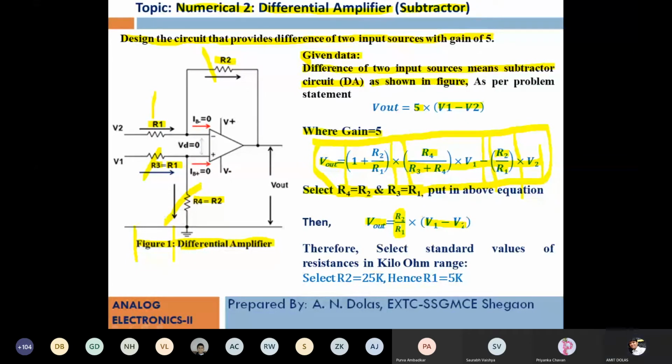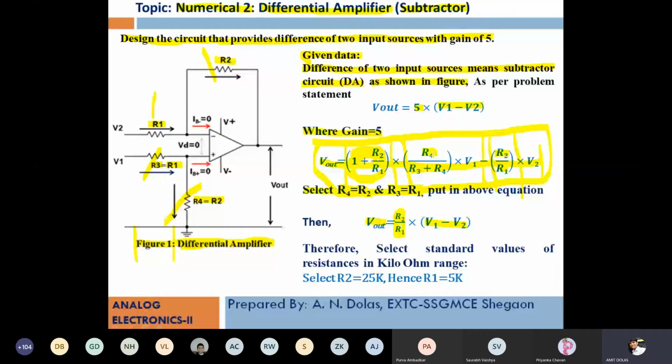Because what comes, if you do this mathematics, whatever I am highlighting, it will be R1 upon R1 plus R2 upon R1. What will this be? This will be R2 upon R1 plus R2.